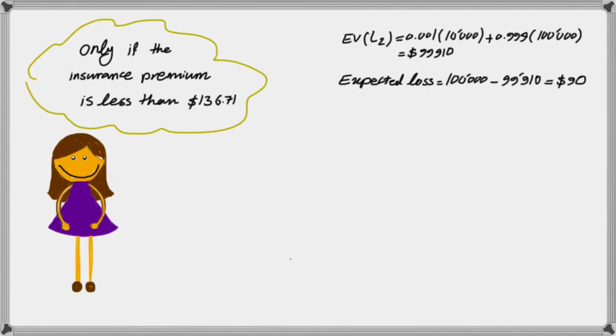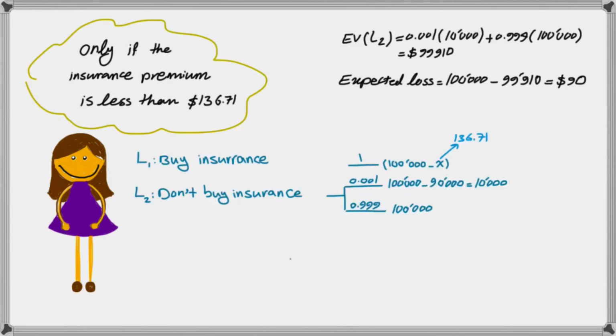And in this case, what is our expected loss? If we don't buy insurance, our initial asset was $100,000 minus the expected value of the second lottery, and you get $90 in loss. So if you don't buy the insurance, your average loss or expected loss is going to be $90.